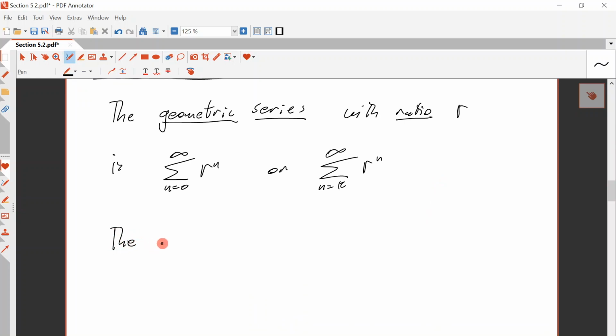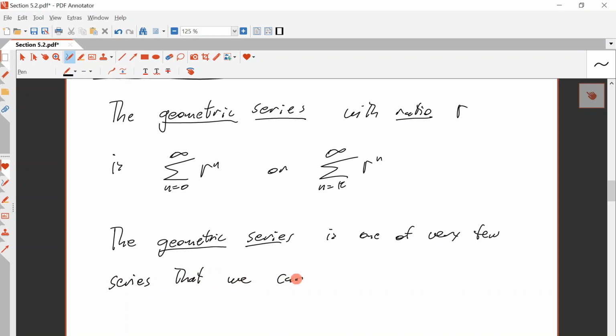Geometric series is one series that we can actually evaluate. Okay, so there's only going to be like 3 or 4 examples of series that we can actually evaluate.